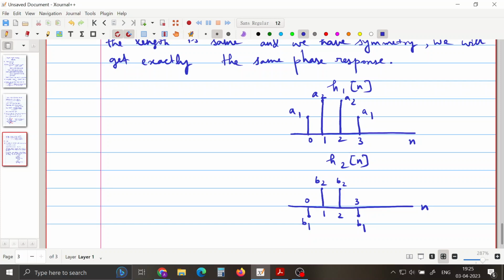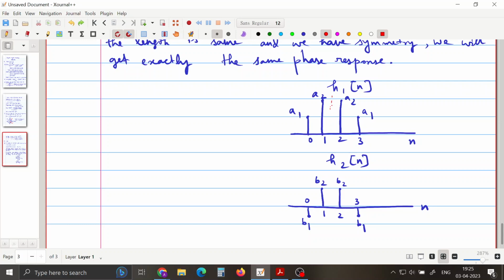So both of these filters have the same length. And regarding symmetry, both of them have even symmetry, and it is about the point midway between the samples at n equals 1 and 2. So the symmetry is about this point.